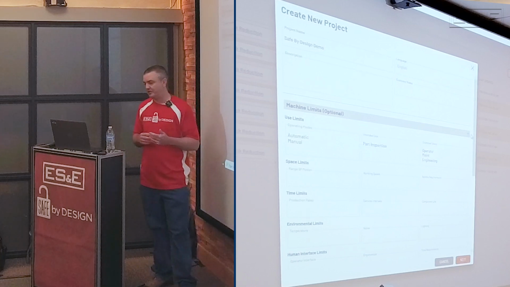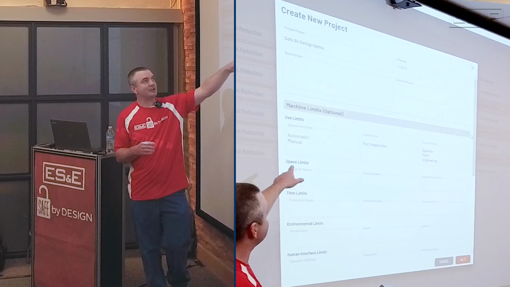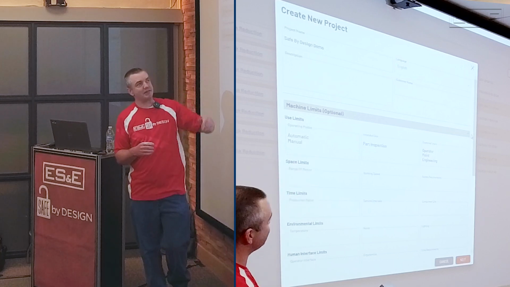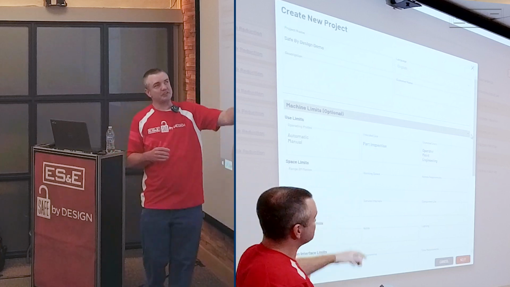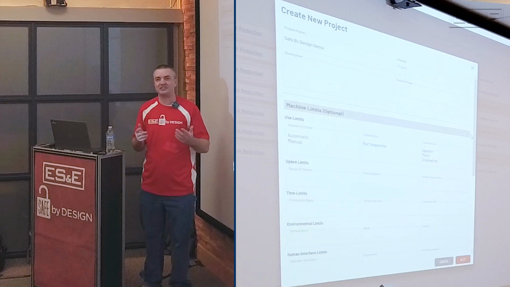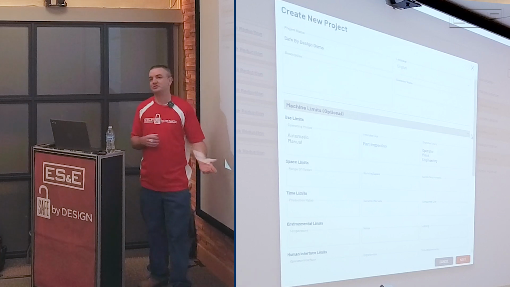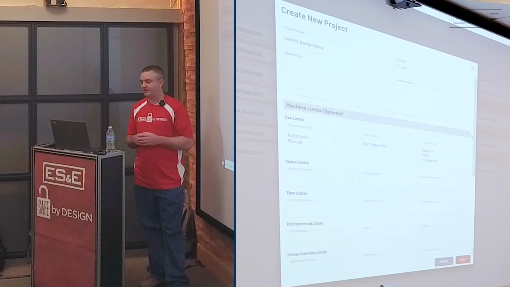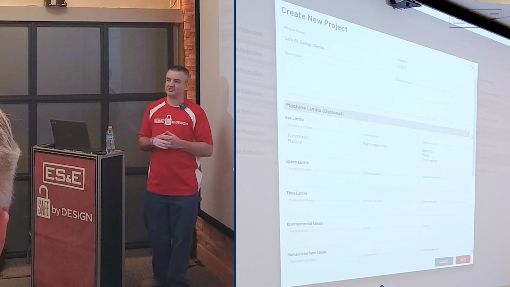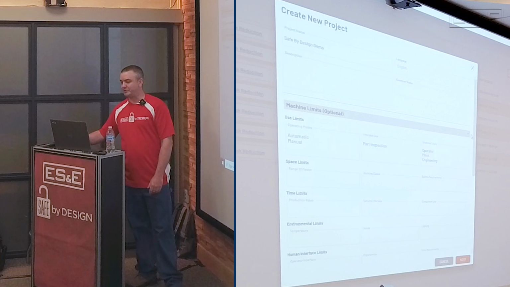I've pre-populated it with operating modes, automatic and manual, intended use, part inspection, and expected users, such as operator, maintenance, and engineering. The more information we put in here, the more it helps on the back end for documentation, because developing that documentation is really the big portion of your risk assessment. So the more time we spend on the front end, the more it benefits us on the back end.